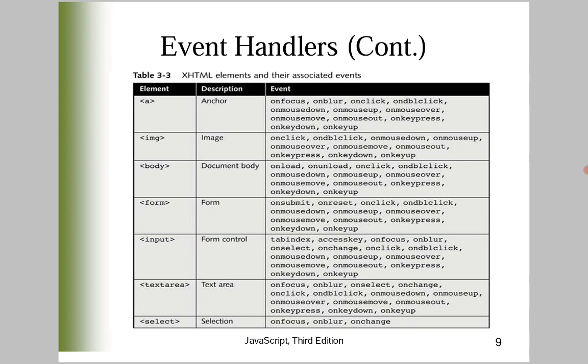There are many types of form controls available, like text box control, submit button control, radio button, list box control. What are the different events used on form elements? Onsubmit, onreset, onclick, ondblclick, onmousedown, onmouseup, onmouseover, onmousemove, onmouseout, onkeypress, onkeydown, onkeyup, like that.